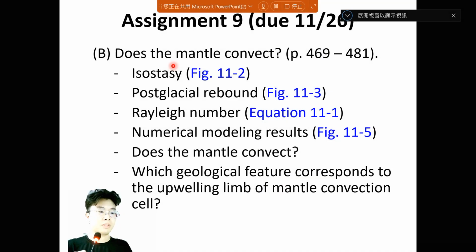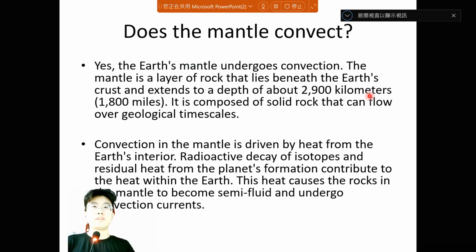Does the mantle convect, and which geological feature corresponds to the upwelling limb of a mantle convection cell? Does the mantle convect? My answer is yes, because the Earth undergoes convection. The mantle is a layer of rock that lies beneath the Earth's crust and extends to a depth of about 2,900 kilometers.